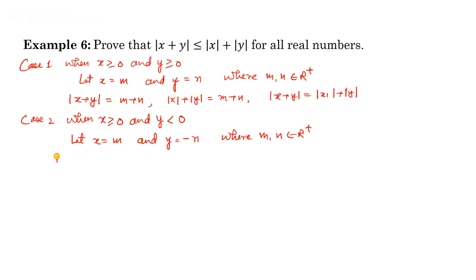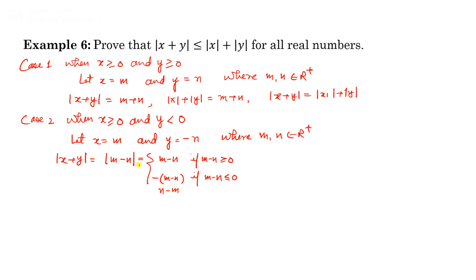So calculate modulus x plus y, this equals modulus m minus n, and you know this equals m minus n if m minus n is greater than or equal to 0, and minus (m minus n) if m minus n is less than or equal to 0, that is, minus (m minus n) means n minus m.